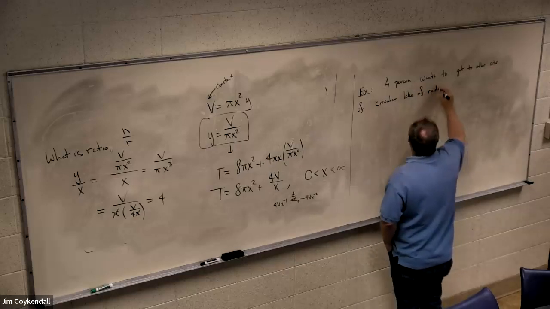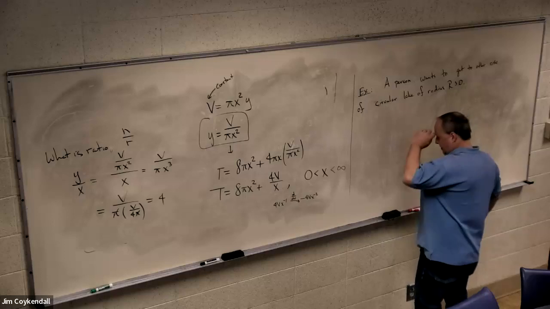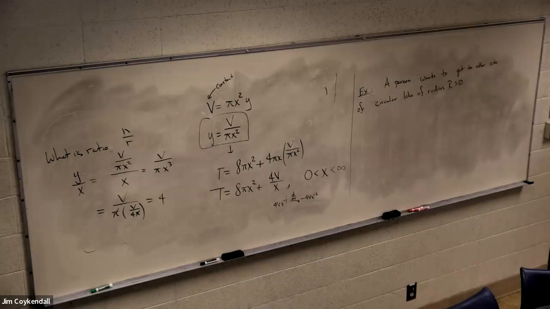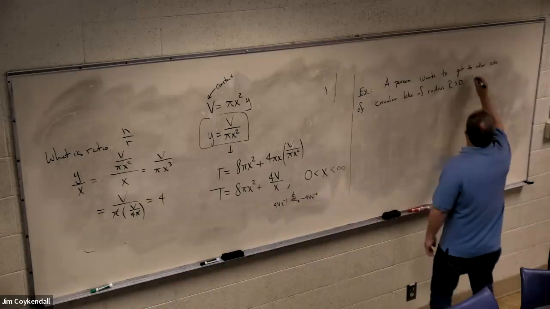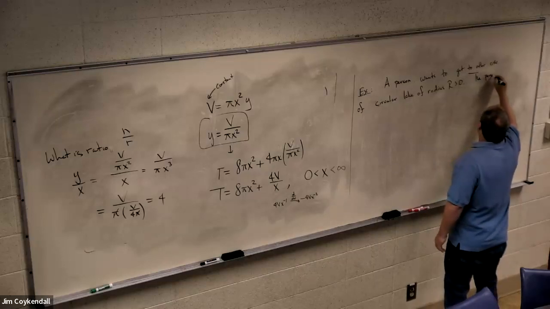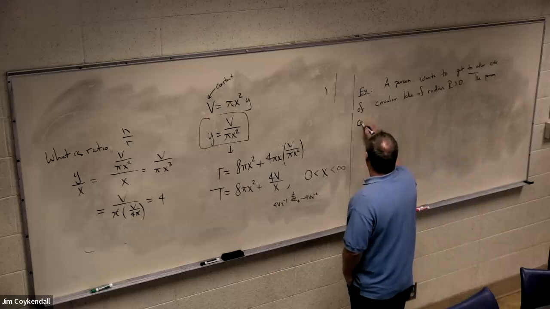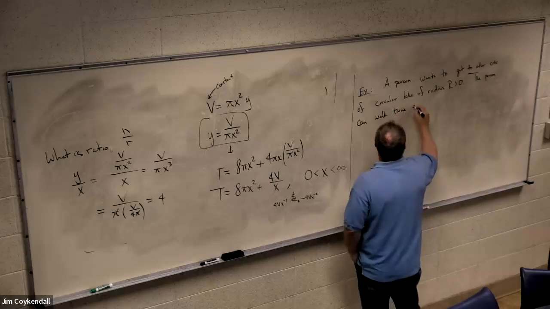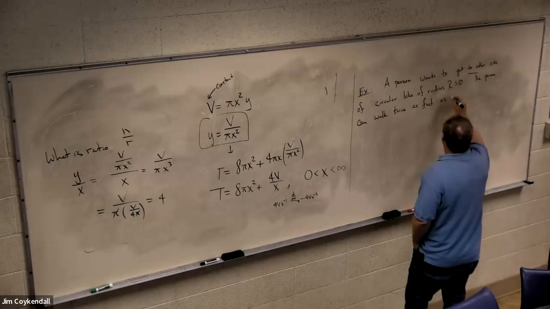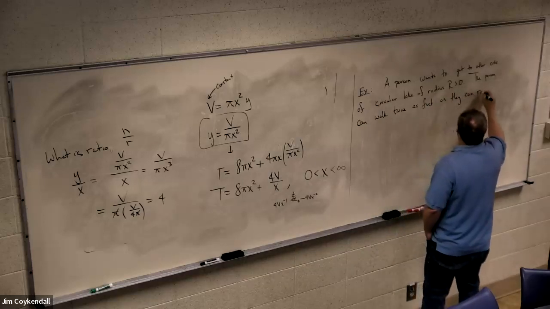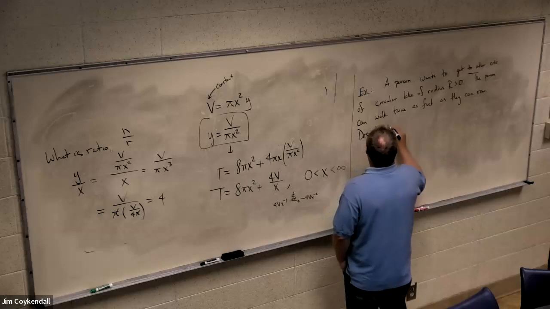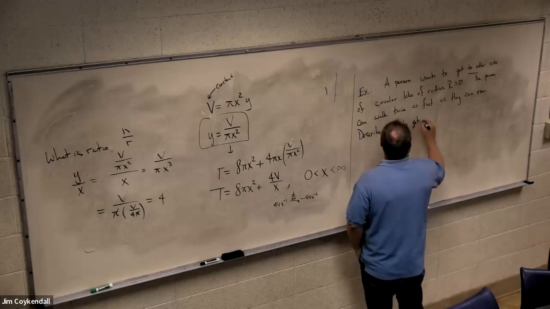The person can walk twice as fast as they can row. Describe how to get to the opposite side.